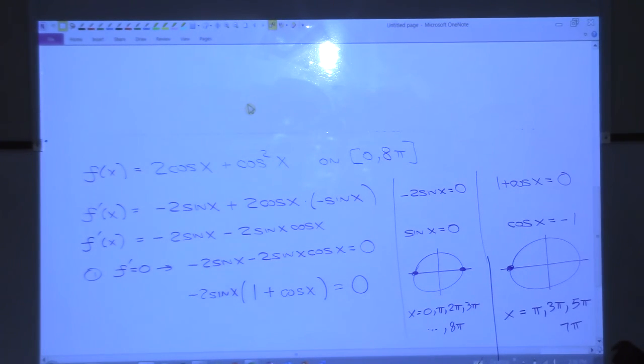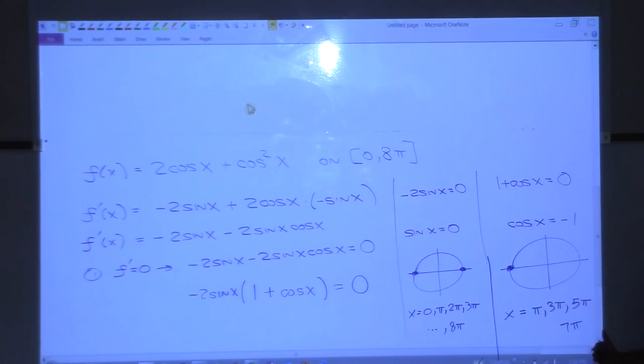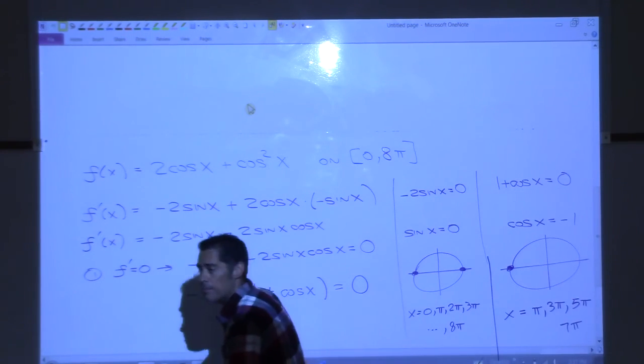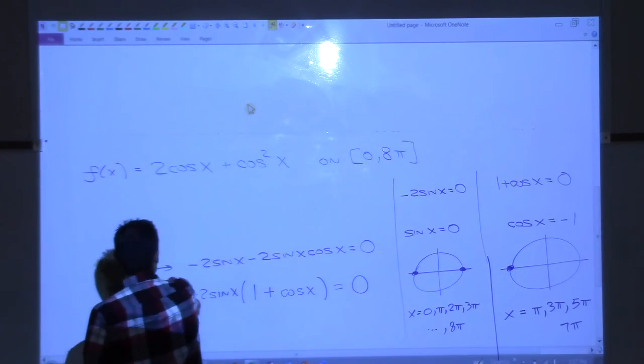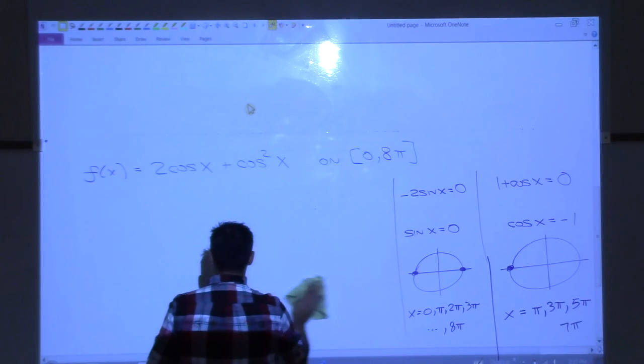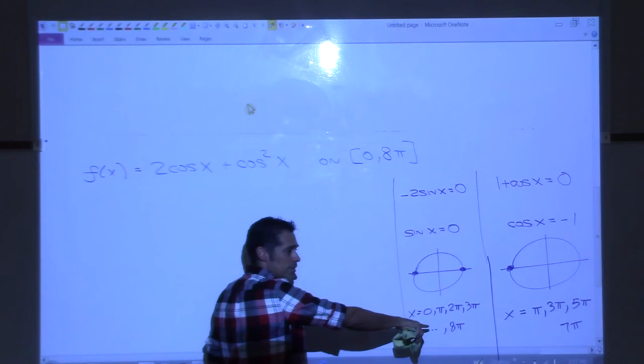Now, all of these are inside of our interval, and so now we need to plug those into the original function and check them. And I'm almost out of time. So here's my original function. There is some good news on this, all right? Because it's going to be pretty easy to evaluate these because they're all going to give you the same values for sine.